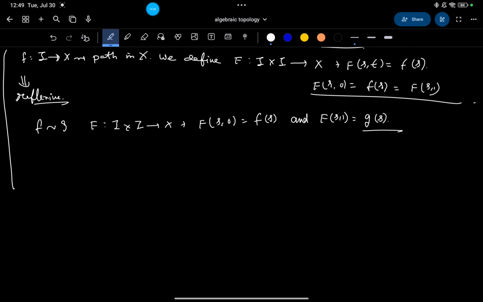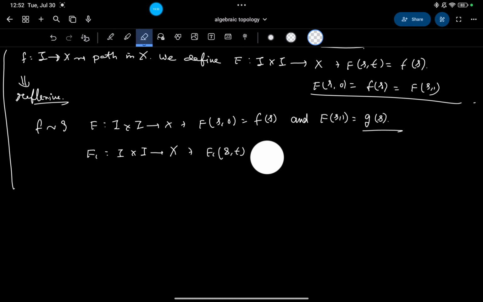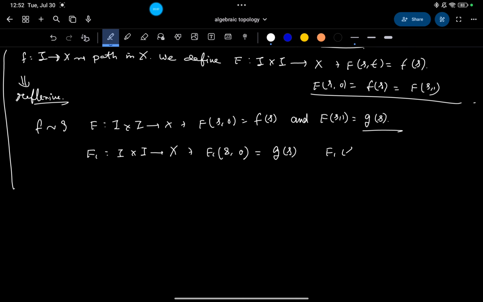Now we define another homotopy map, F1, from I cross I to X such that F1 of s comma 0 should be the same as g of s, and F1 of s comma 1 should be the same as f of s.